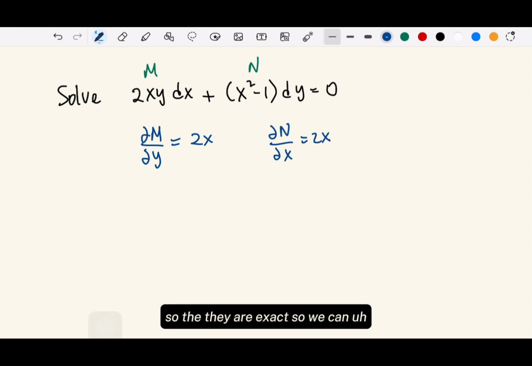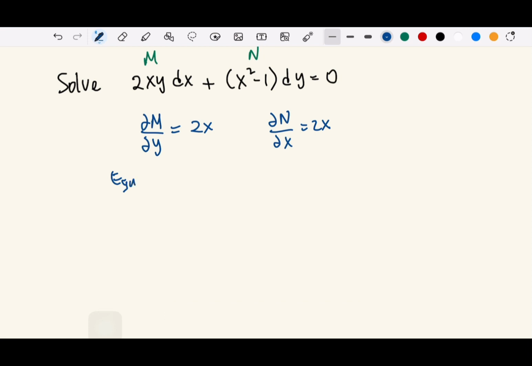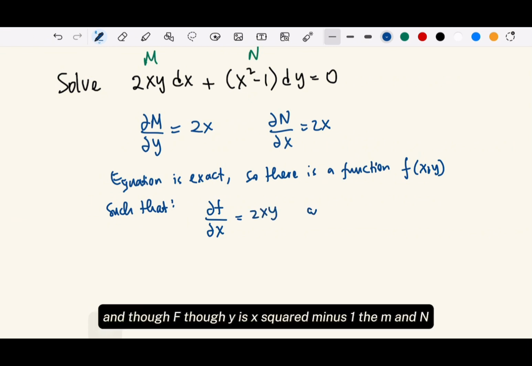So we can go for the next one. Or we can write the first equation is exact. So there is a function f(x, y) such that this is 2xy, and dou f dou y is x squared minus 1. Okay. The m and n. Okay.